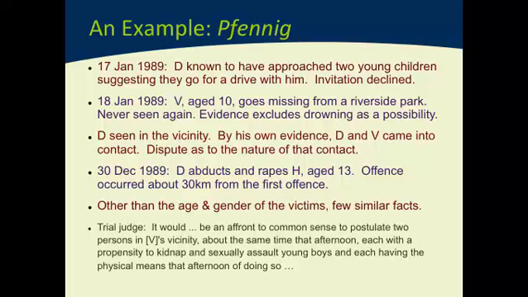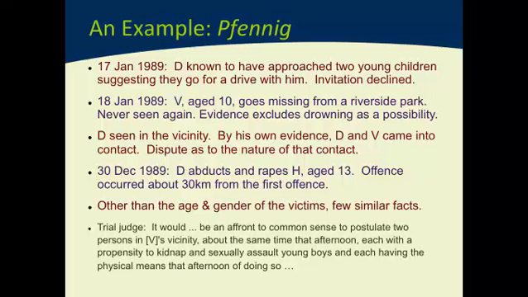And the judge said, for somebody else to have committed the first offence, we would have to believe that there were two people in the first victim's vicinity at about the same time in the afternoon, each of which had the propensity to kidnap and sexually assault young boys, and each of which had the physical means that afternoon of doing so, and neither of which came into contact with each other, but both of which came into contact with the victim.